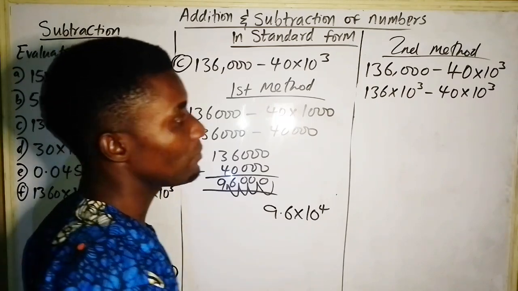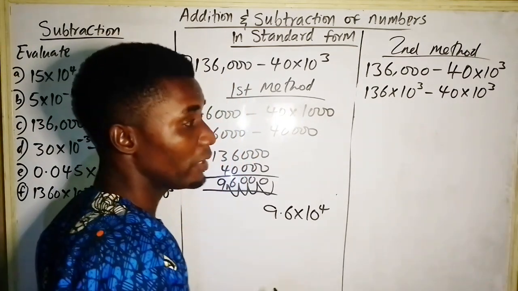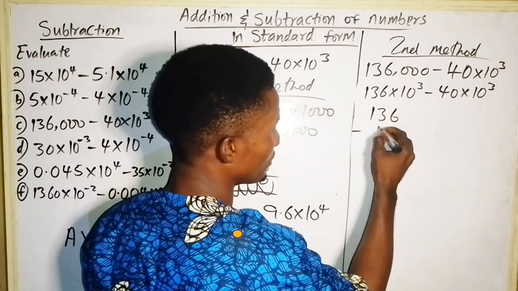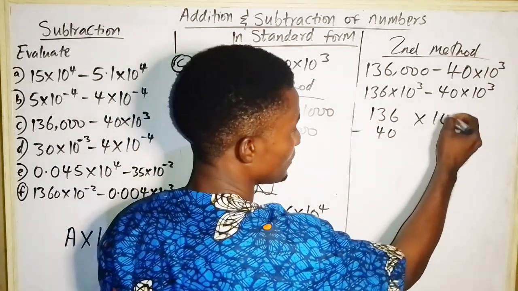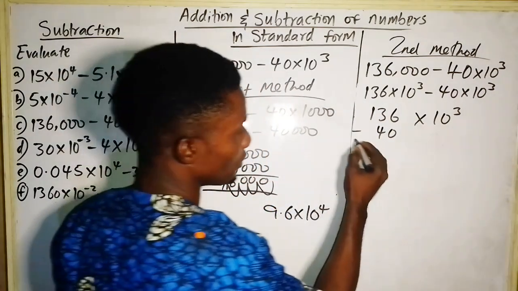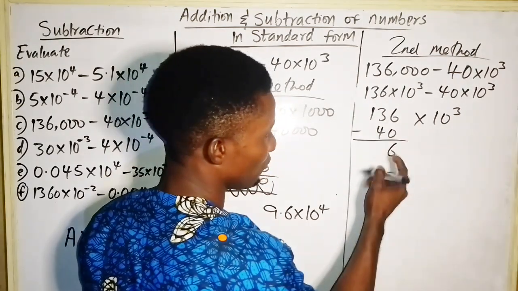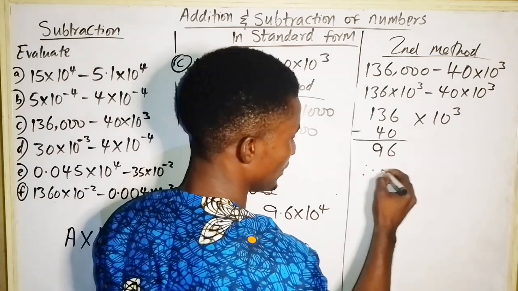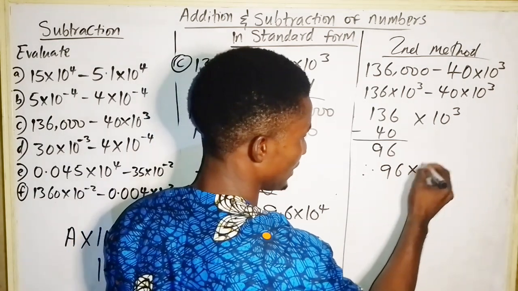Now they have the same exponent and base, so we have 136 minus 40 times 10 raised to the power 3. So let's subtract. This is 6. 3 cannot minus this. This will give us 9. So we are going to have 96 times 10 raised to the power 3.